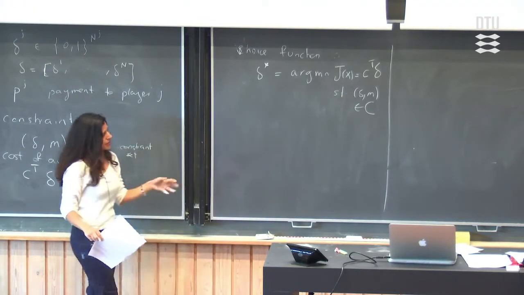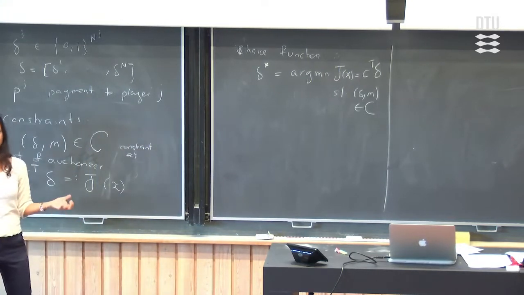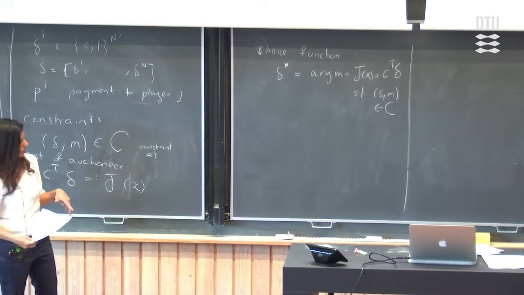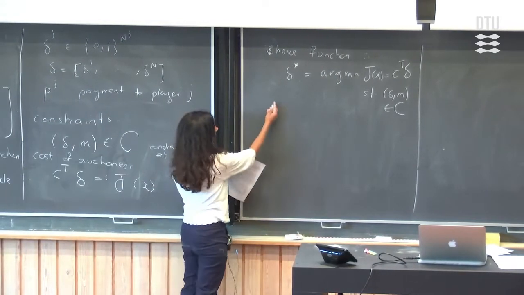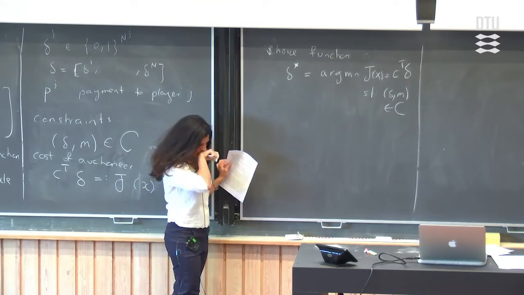But where pay as bid and VCG differ is that in the VCG, now we have to define what's the second price. The way we do it is we look at the problem of removing the winner.